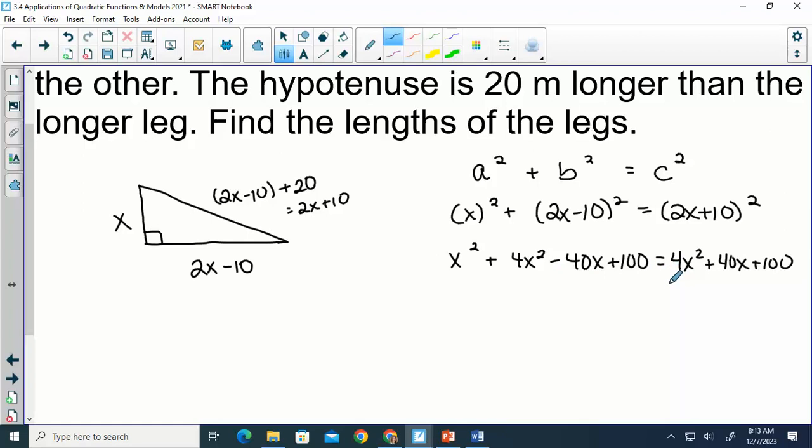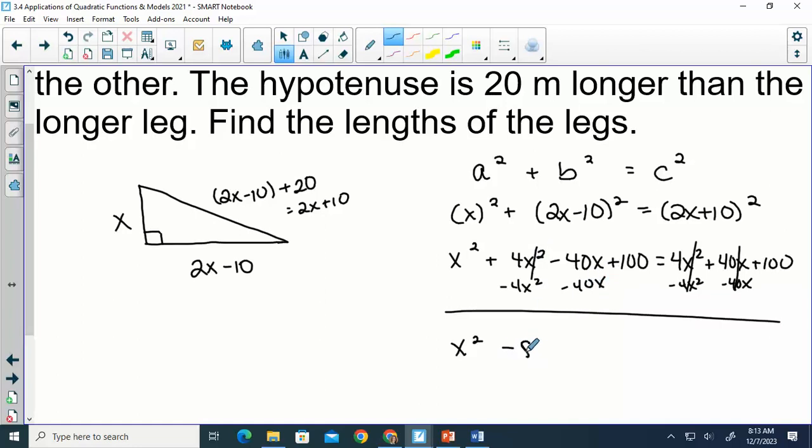We always set quadratics equal to 0. So x squared minus 80x equals 0.